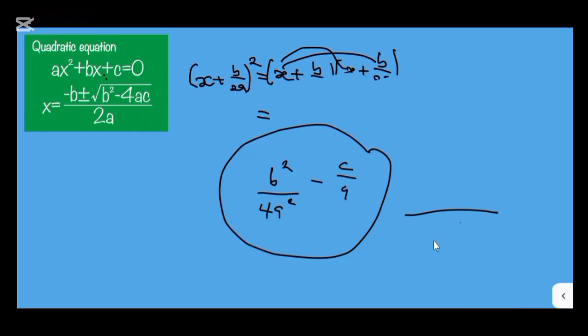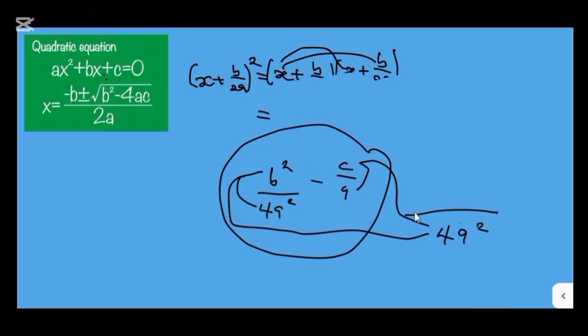This is a fraction that is subtracting itself. Now the LCM here, we are going to be using 4a squared. What's the idea? The idea is this is going to multiply this and then divide this. This same one is going to multiply this and divide this.